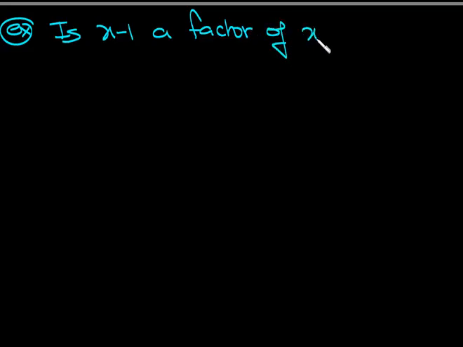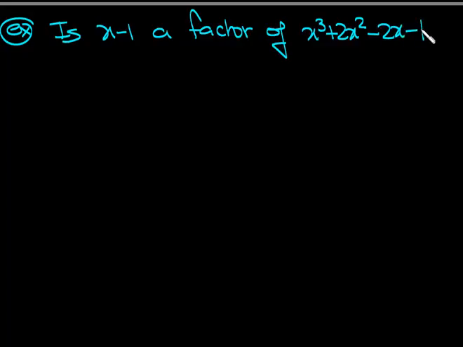Alright, so let me ask you this question then. Okay, so here's a question. Is x minus 1 a factor of x cubed plus 2x squared minus 2x minus 1?